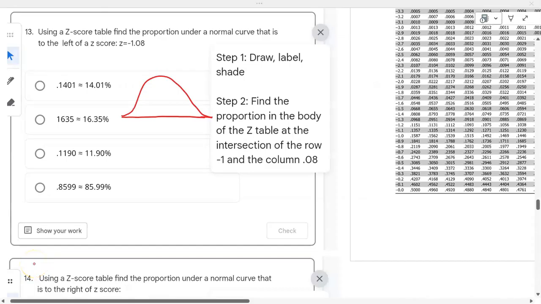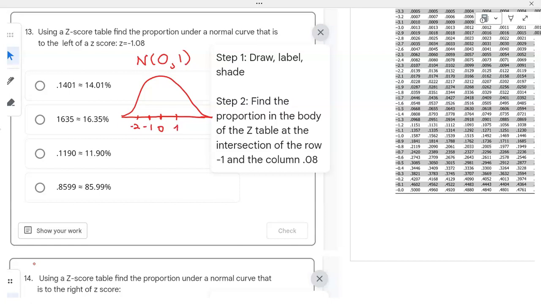Okay, use the z-score table to find the proportion under a curve that is to the left of -1.08 as a z-score. All right, so when we're talking about a z-score, that means this normal curve has a mean of 0 and its standard deviation is 1. So this would be -1, -2.